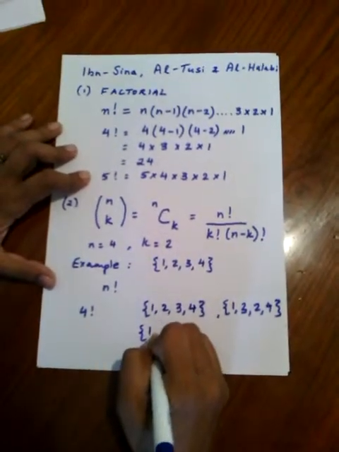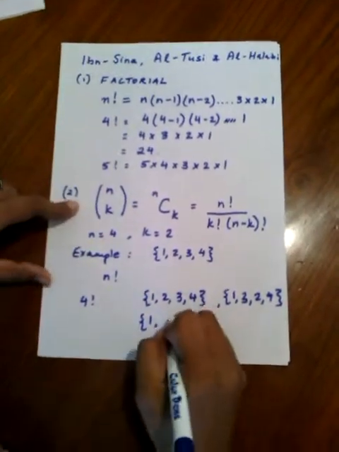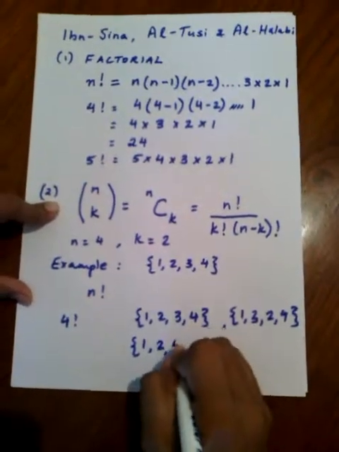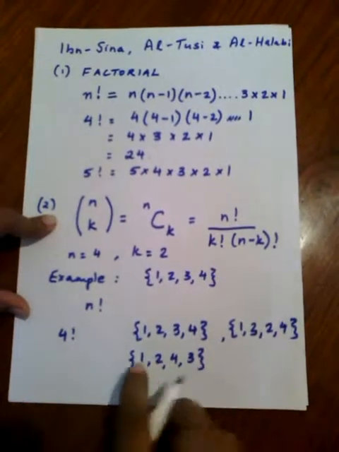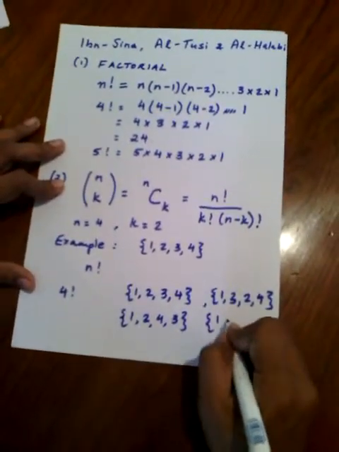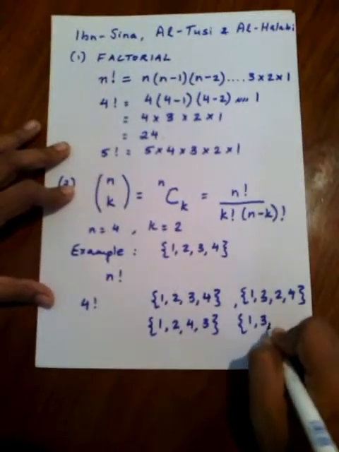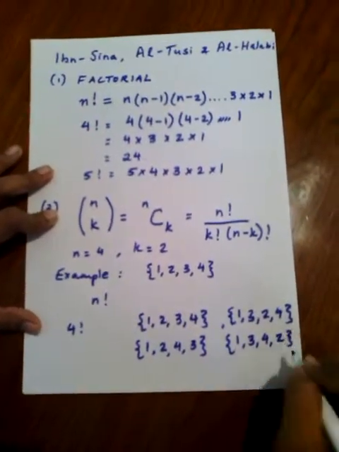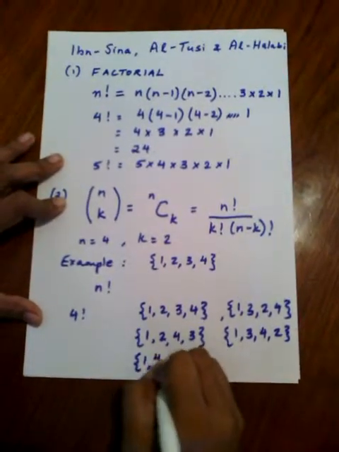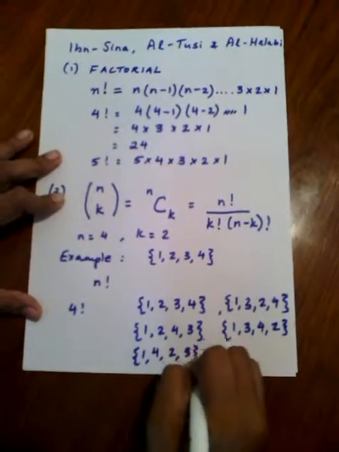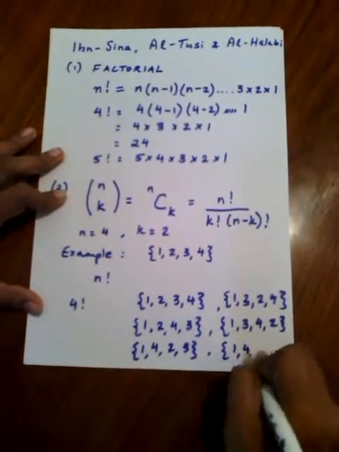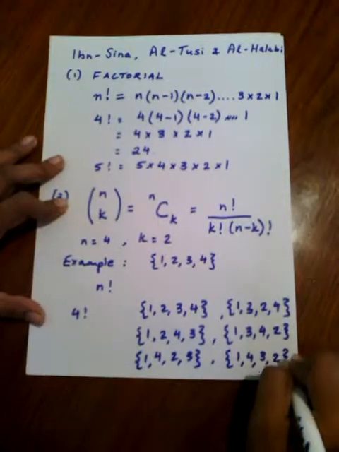Another way would be to place 1 where it is and 2 where it is and switch 3 and 4 together. So 1, 2, 4, 3 is another combination. 1, 3, 4, 2 is another combination. And then 1, 4, 2, 3 is another combination. And 1, 4, 3, 2 is another combination.